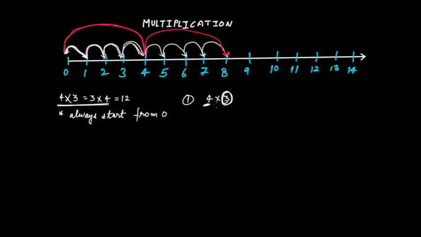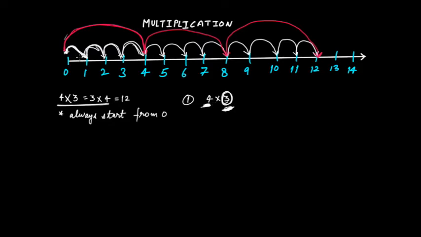Okay. So again, you take 1, and then 2, and then 3, and then 4. And since you had to take 3 times these long jumps, this is a small jump. The small jump will represent this number, and the long jump will represent this number. Okay, so this would be the third one, right?